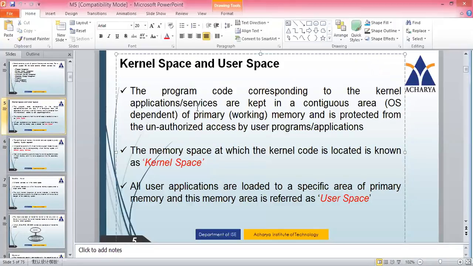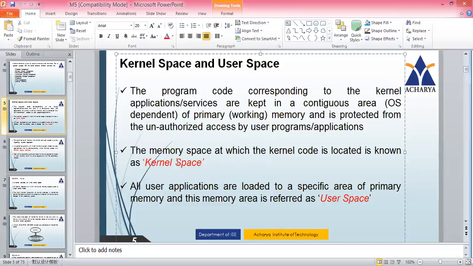The program code corresponding to the kernel applications is kept in the continuous memory of primary memory and is protected from unauthorized access by user programs. The memory space at which the kernel code is located is known as kernel space.